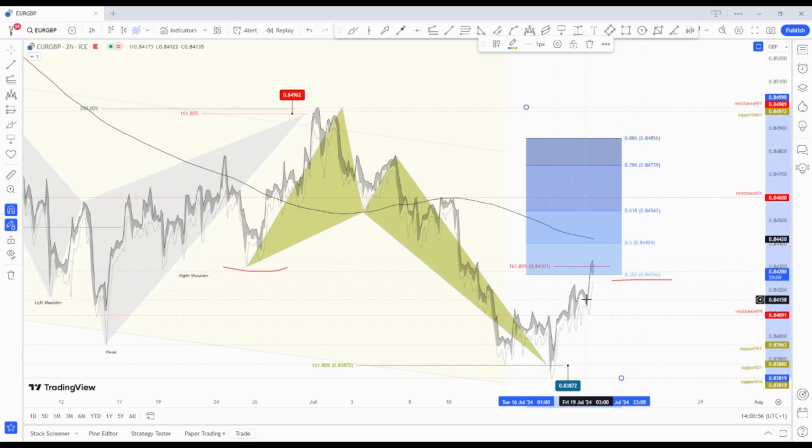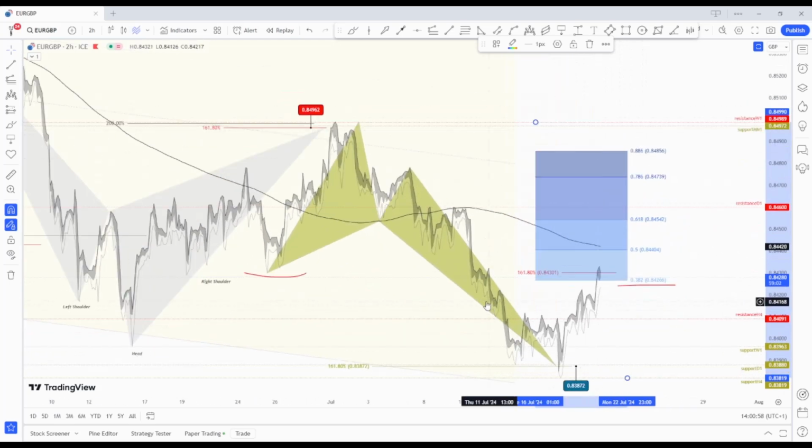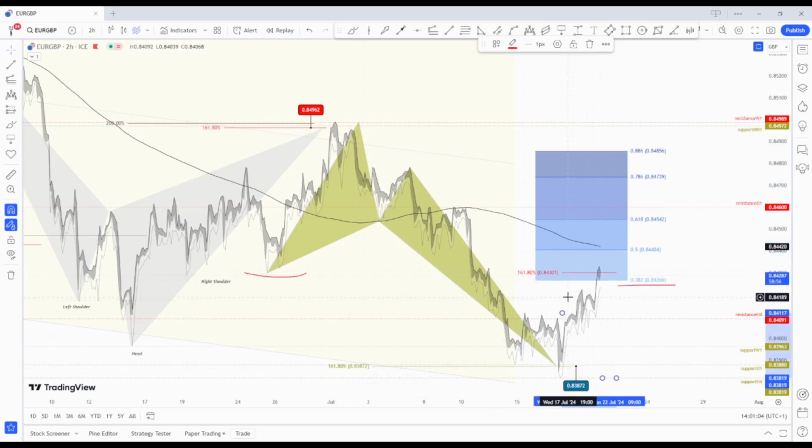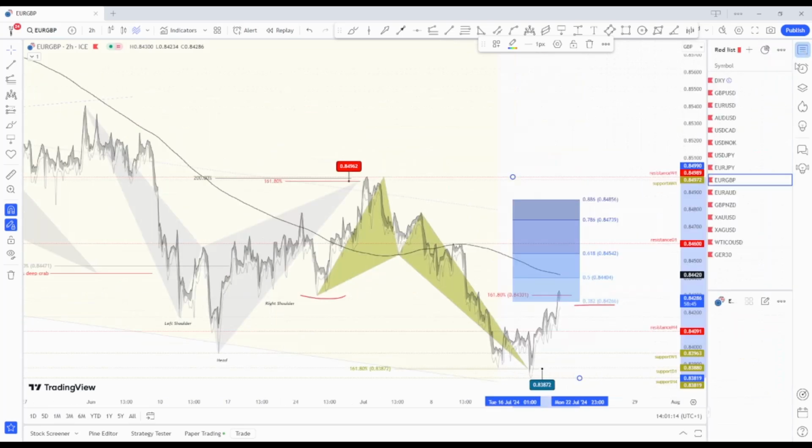If somehow you enter long into this bullish crab pattern completed at the golden Fibonacci below, you should pay attention to this lower degree minor Fibonacci extension level at 84.30 in convergence with this 38% Fibonacci retracement level.